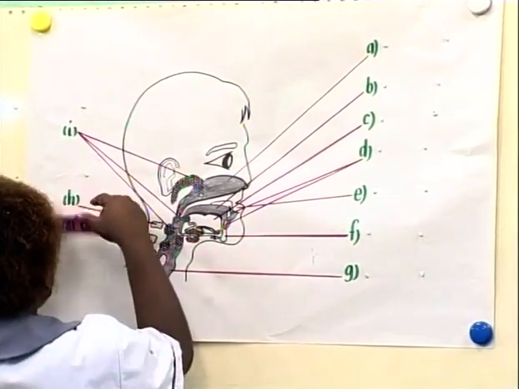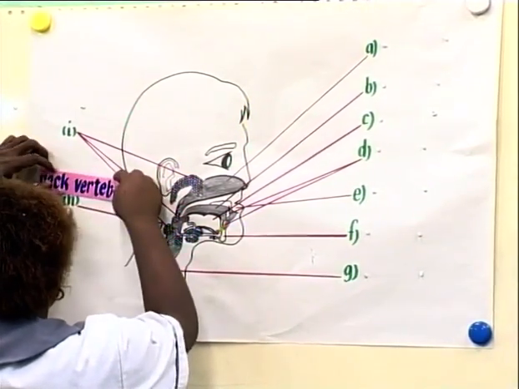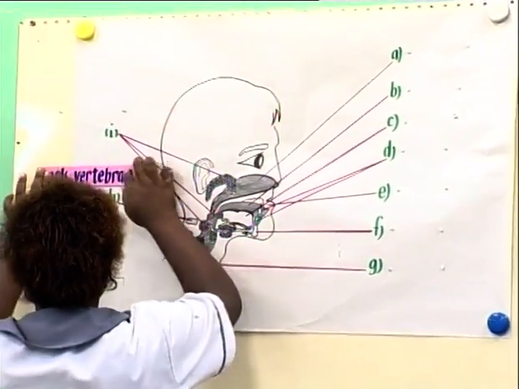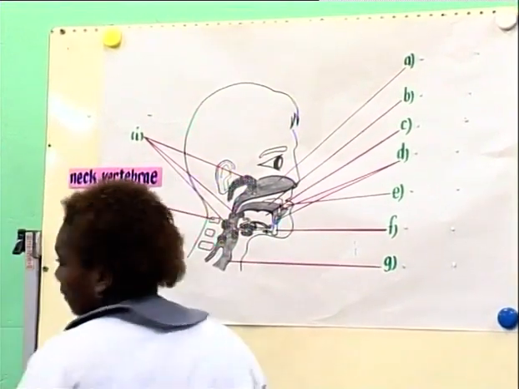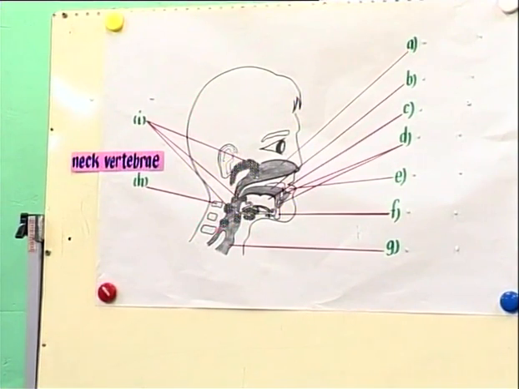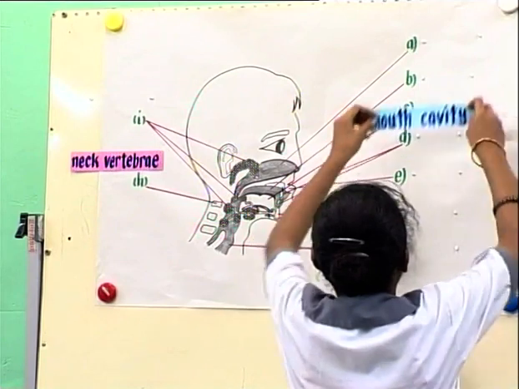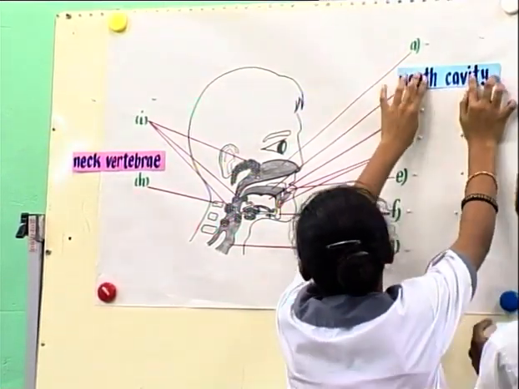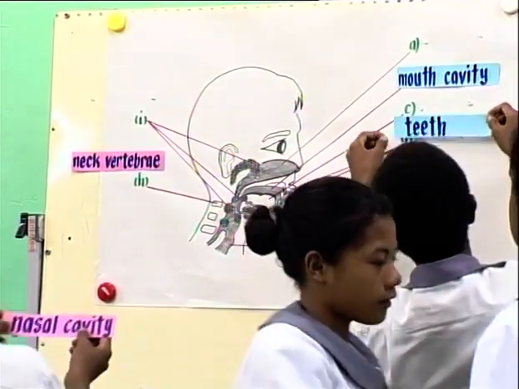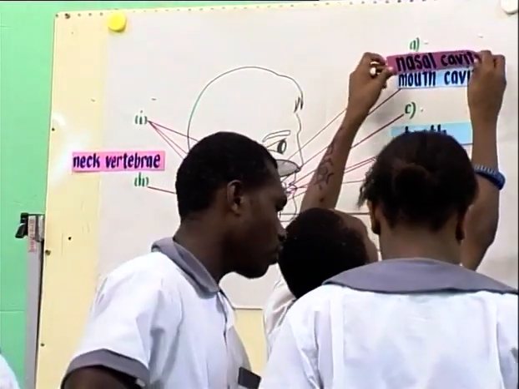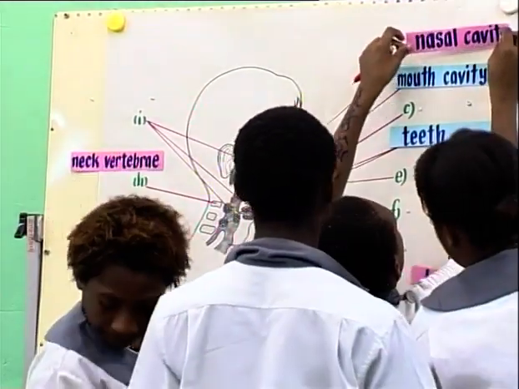No, that's okay. Straight. Next one, keep coming. Now receiving students, your friends from the model class are using the words lower jawbone, teeth, nasal cavity, salivary gland, mouth or mouth cavity, lower lip, neck vertebrae, and larynx to place them on the diagram appropriately.